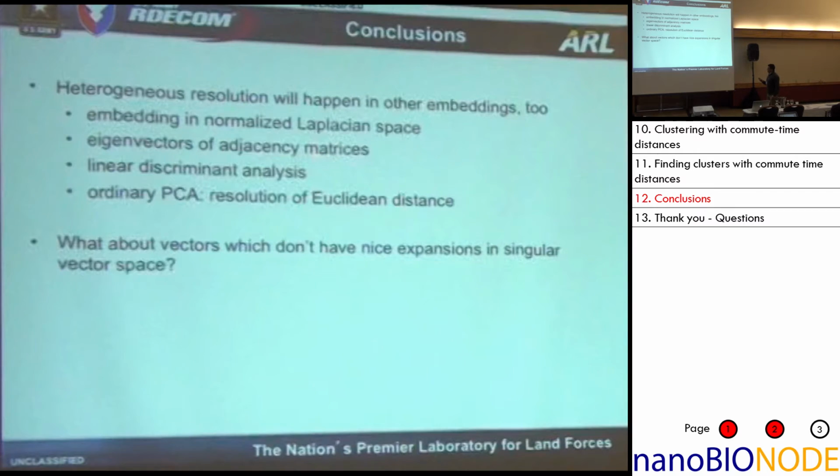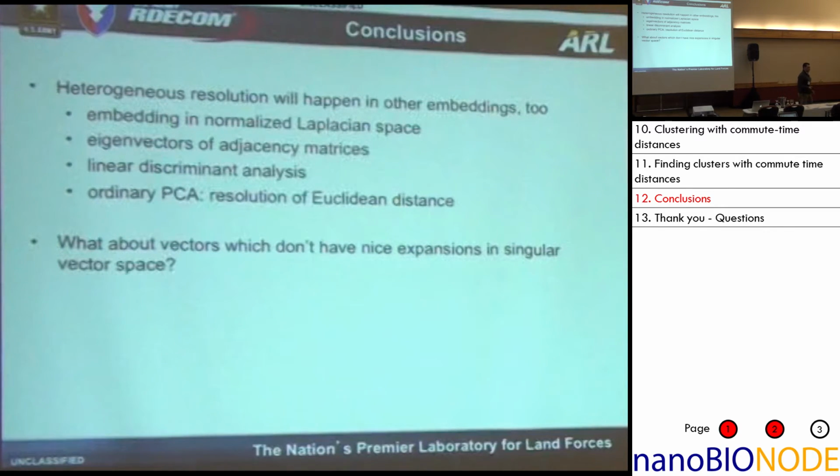Eigenvectors of graph adjacency matrices are also going to have properties like this, and that's interesting because graph adjacency matrices exhibit a high degree of eigenvalue clustering too. So we hope to find low rank problems embedded in those spaces as well. Linear discriminant analysis is another one.